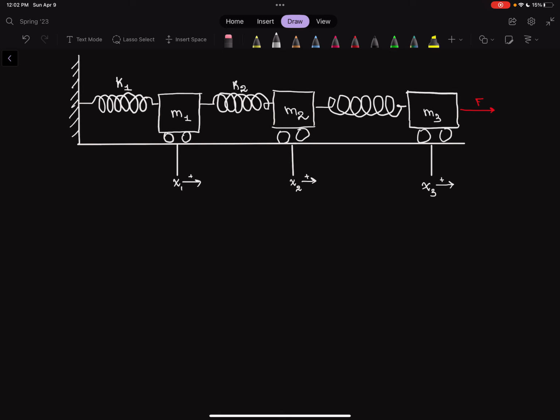So let's focus on the first mass. So for M1, if that was by itself, it would have two forces, right?